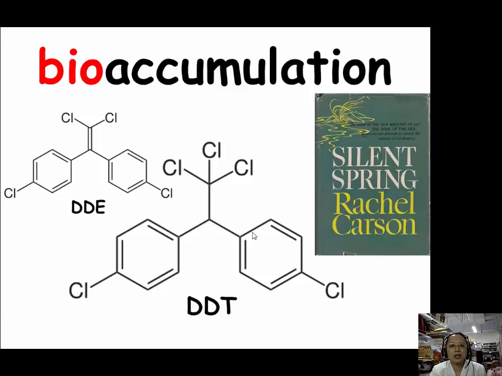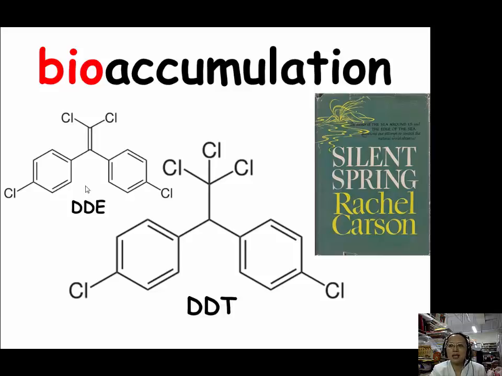Also, because DDT is lipophilic, it can bioaccumulate, especially in predatory birds. DDT, DDE, and DDD, which is the other major metabolite of DDT, magnify through the food chain, with apex predators such as raptor birds concentrating more chemicals than other animals in the same environment.